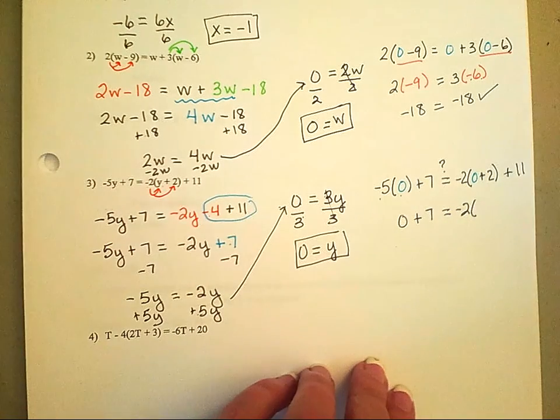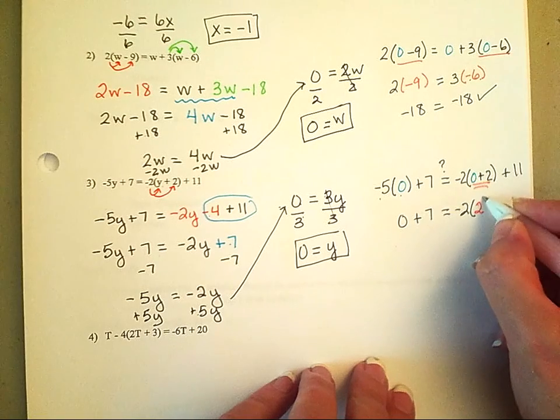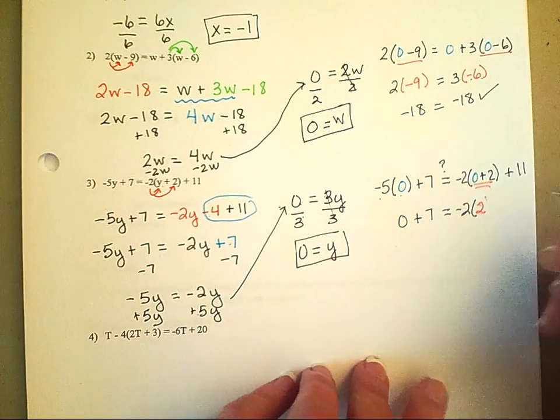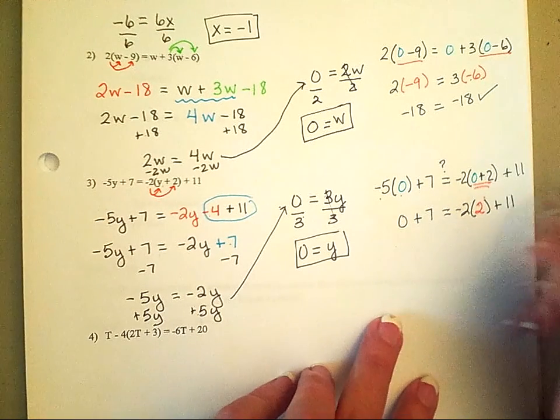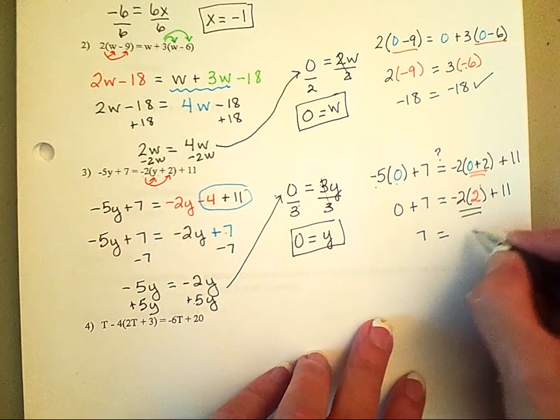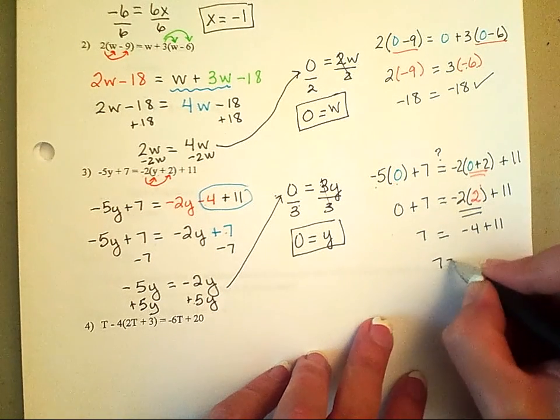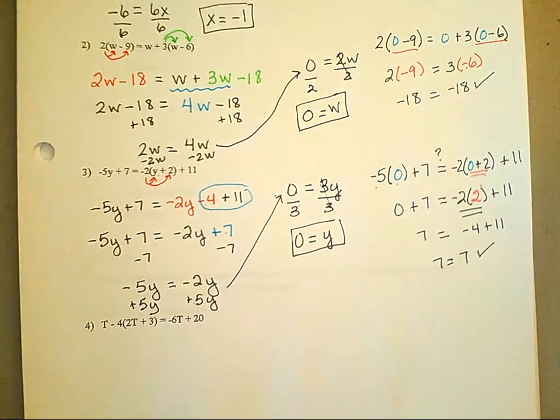This is negative 2 times, working inside the parentheses, 2 plus 11. 0 plus 7 is 7. Negative 4 plus 11, yes, 7 equals 7.